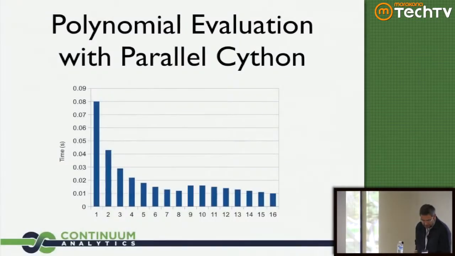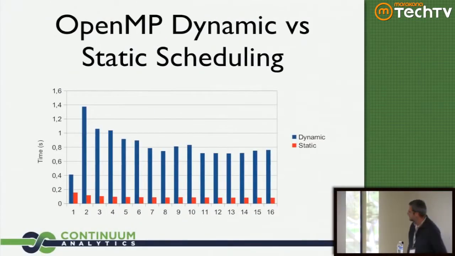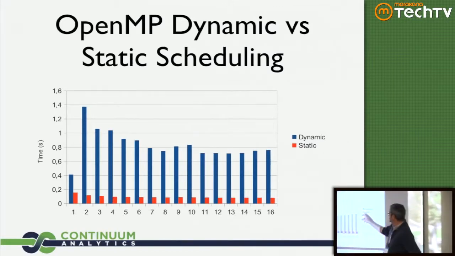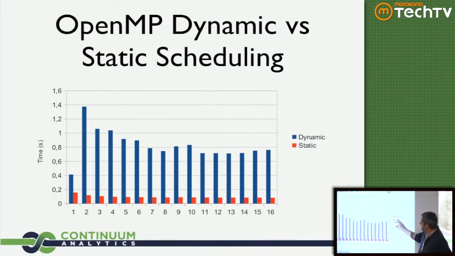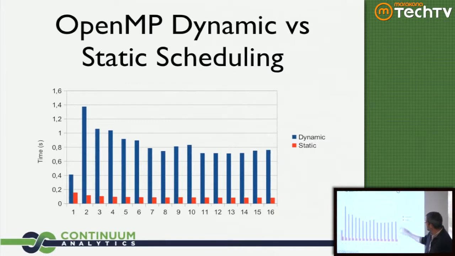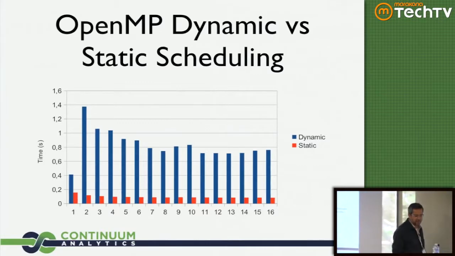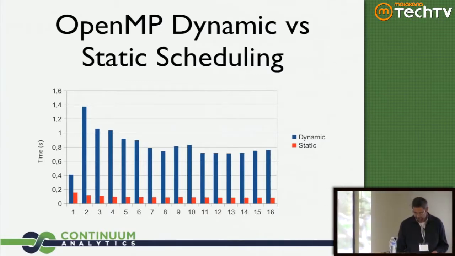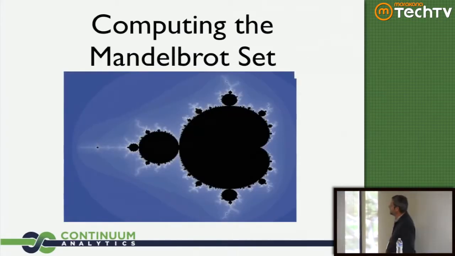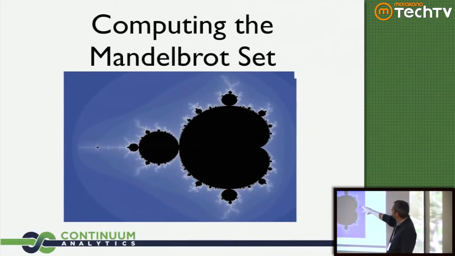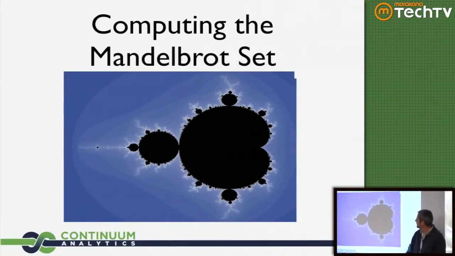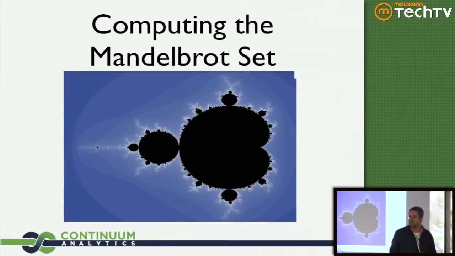and we can see here that for the polynomial computations, the static partition works much more efficiently than using a dynamic one. Okay, but this is not always the case, because, for example, for doing a computation of the Mandelbrot set, as many of you will know, computing these black pixels here takes much more time than computing the blue ones.